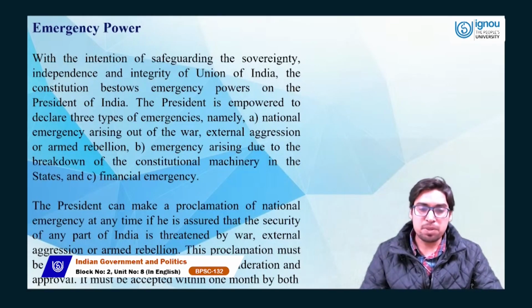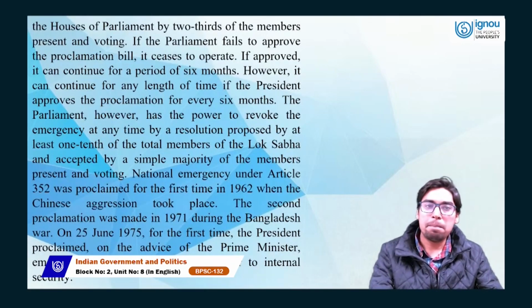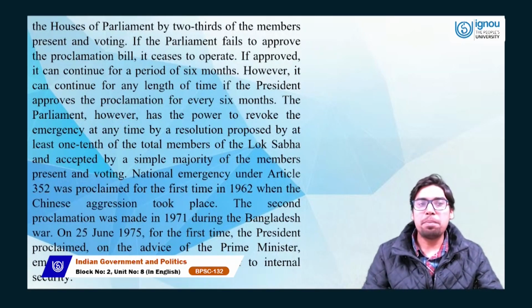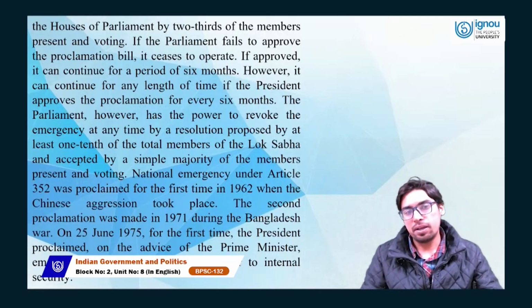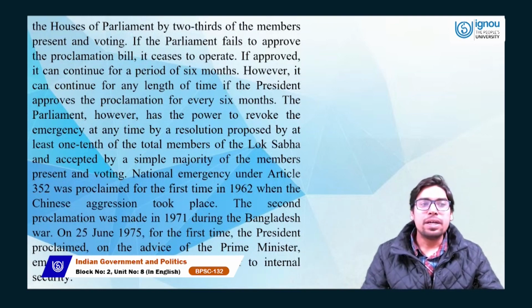It must be accepted within 1 month by both houses of Parliament by two-thirds of members present and voting. If Parliament fails to approve the proclamation, it ceases to operate. If approved, it can continue for a period of 6 months. However, it can continue for any length of time if Parliament approves the proclamation every 6 months.